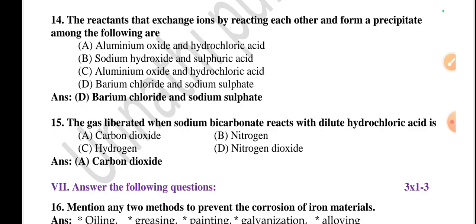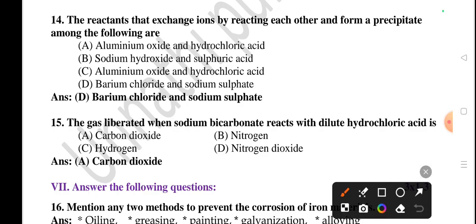Then the 14th one: the reactants that exchange ions by reacting with each other and form a precipitate among the following are. Whatever reaction undergoes double displacement or double decomposition only exchanges ions and produces a precipitate. If we see here, sodium hydroxide and sulfuric acid also undergo double displacement, but they do not produce a precipitate.